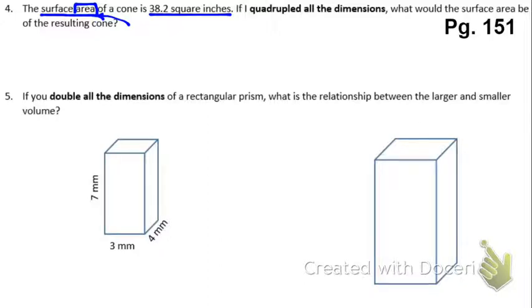It has length and it has width. If I quadrupled, what does quadruple mean? Multiply by 4. If I quadrupled all the dimensions, I want to know what the surface area of this new object would be.